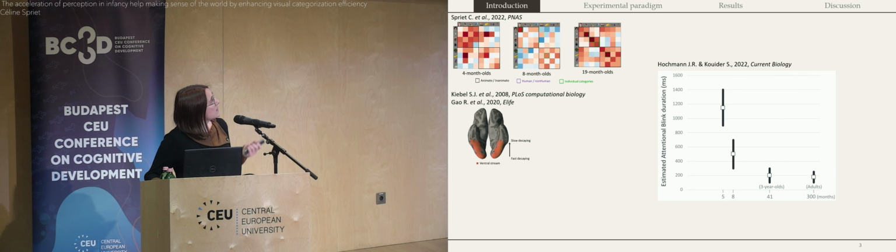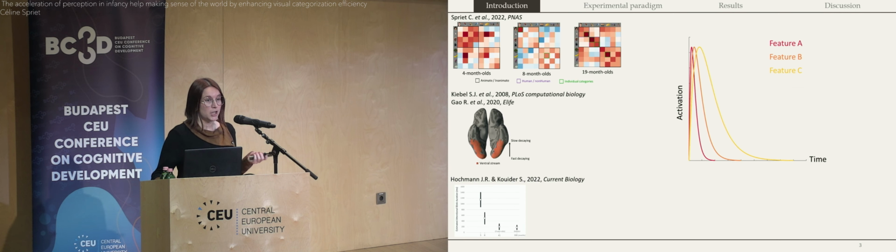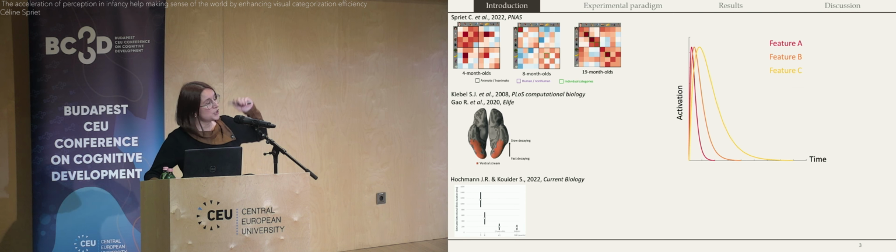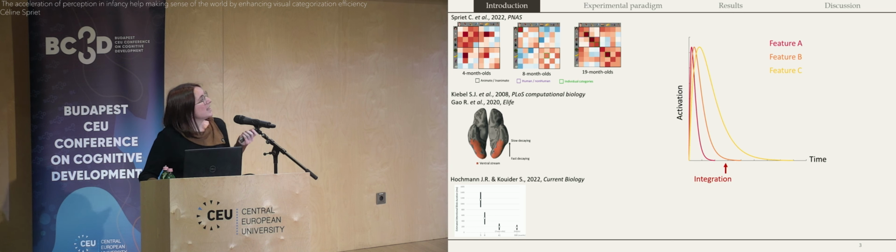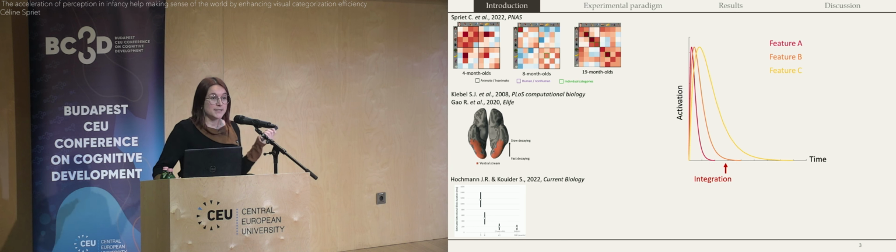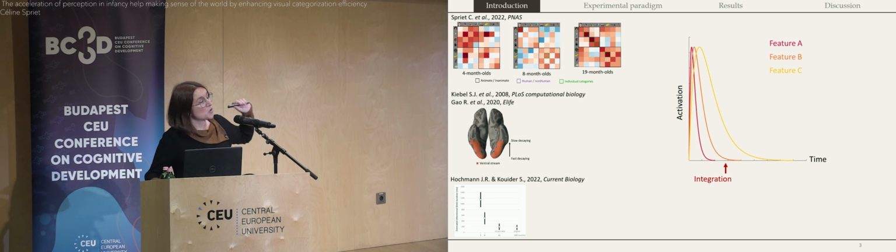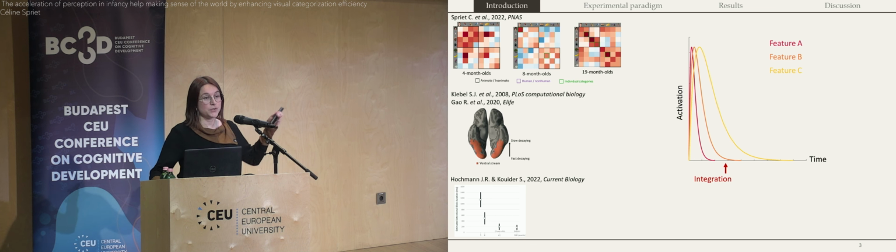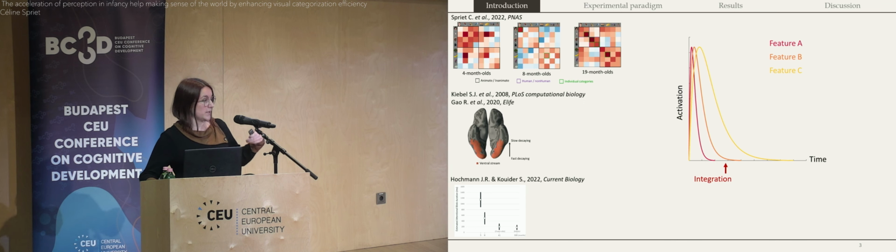And so this made us think about a theoretical model where, if we take back our activation of the 3 different features across time, now we add information about the integration timing. Imagine that the system integrates the features quite late in time, then it will have access to only fewer features, those ones that decay the slowest.